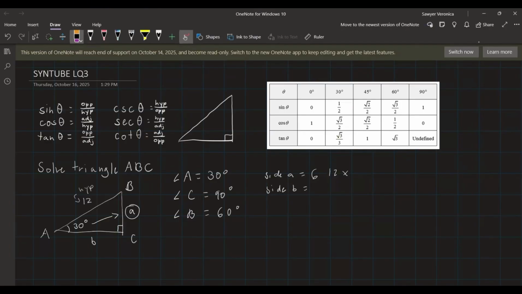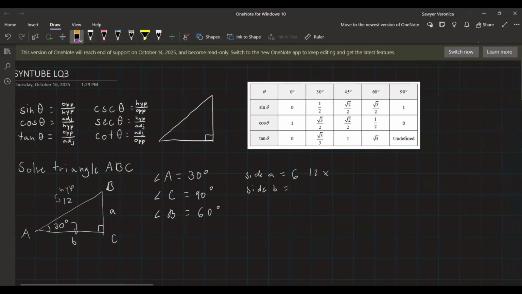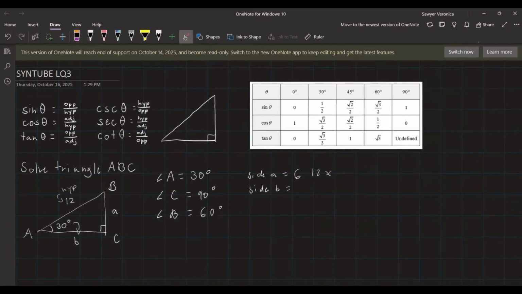And with side B, this is adjacent to the angle 30, and we have the hypotenuse still. So this would be cosine 30 degrees is equal to side B over 12.